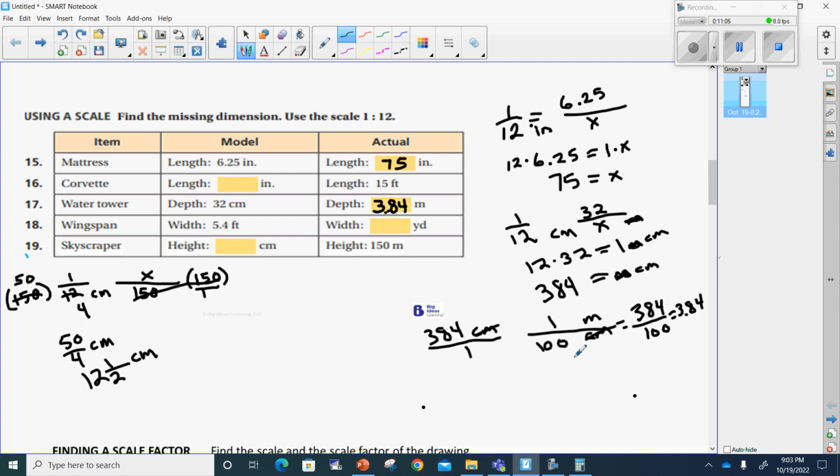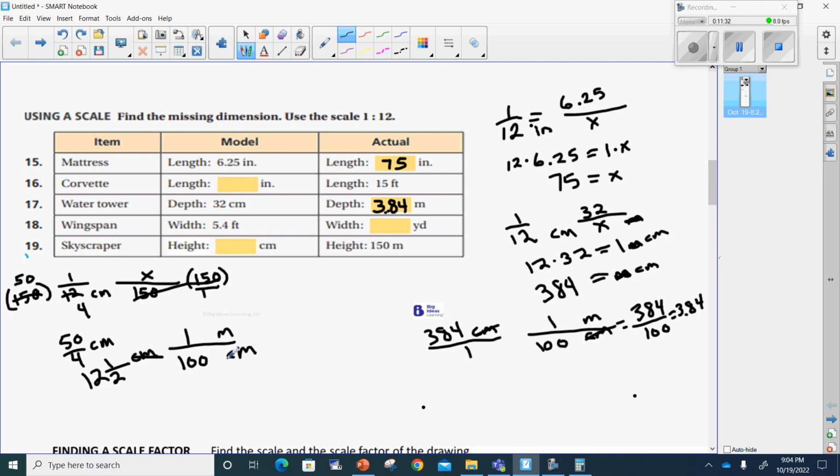And now we have to do the same thing. To get rid of centimeters, we need meters, right? So we're going to go ahead and put the meters on top, centimeters on the bottom, all right? Then we're going to remember that 100 centimeters equal 1 meter.